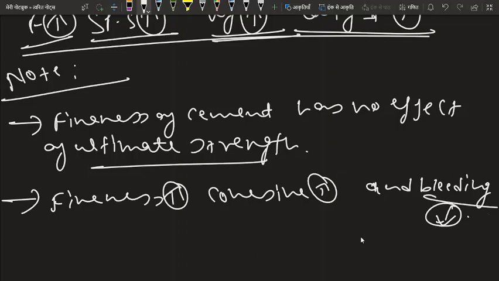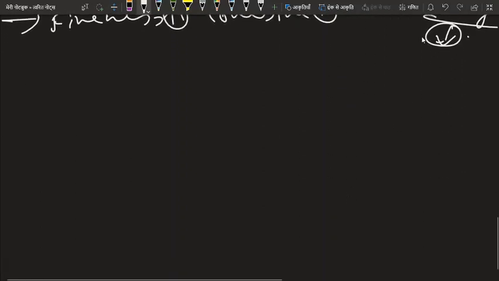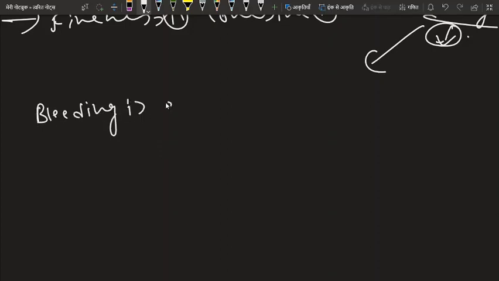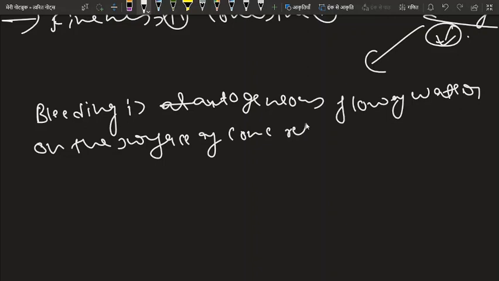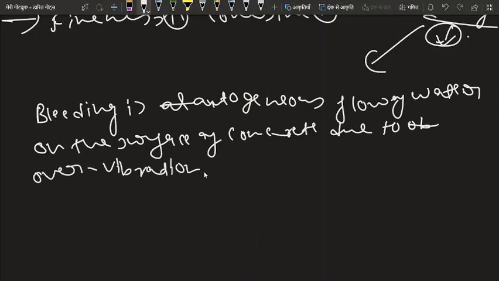Bleeding is the autogenous flow of water on the surface of concrete due to over vibration.